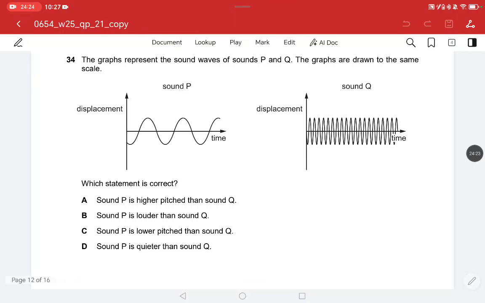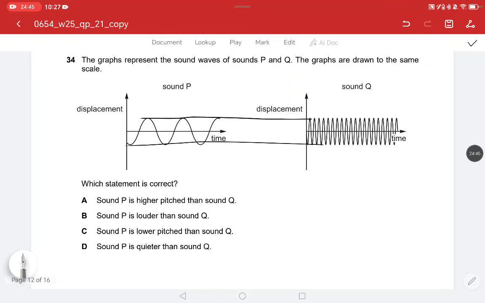So if you have something like this one, which one has higher amplitude? Which one has higher frequency? If you look at them in this question, both of them have the same amplitude. Since they have the same amplitude, it means they have the same loudness. So it's not related to whether the sound is loud or not.